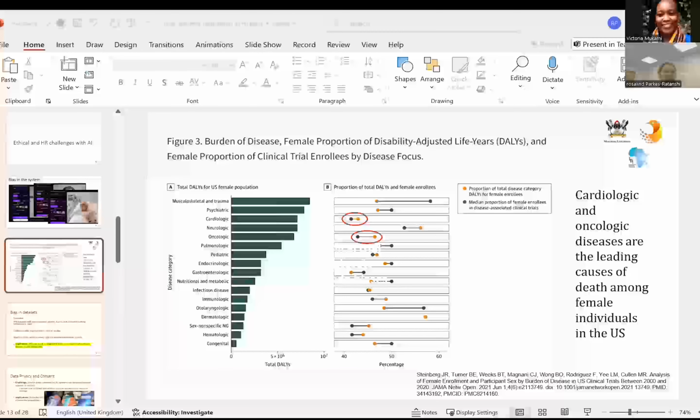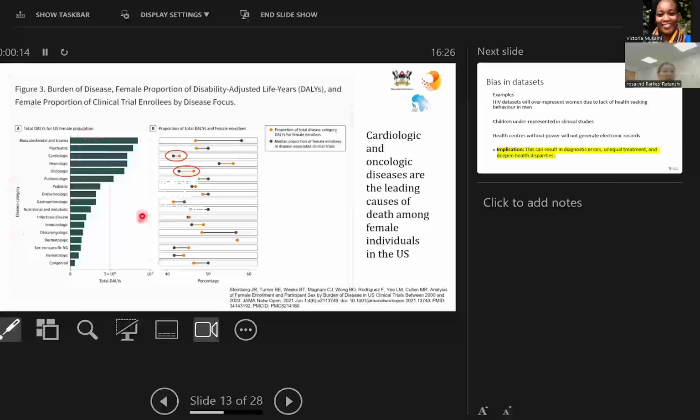And on the left-hand side, it has the actual medical conditions and the life-adjusted years, which is the amount of burden of disease for American women of different types of medical problem. So the greatest burden of disease is musculoskeletal and trauma, but we've got psychiatric, cardiology, neurology, oncology. So this is diseases and types of disease that affect women.